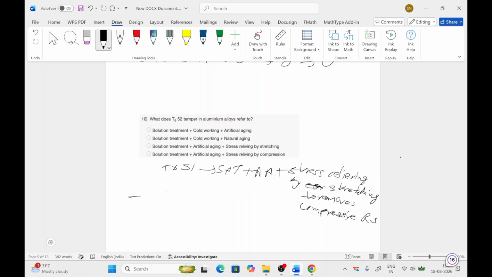But in T652, we do solution heat treatment plus artificial aging plus stress relieving by compression, to remove tensile residual stress.